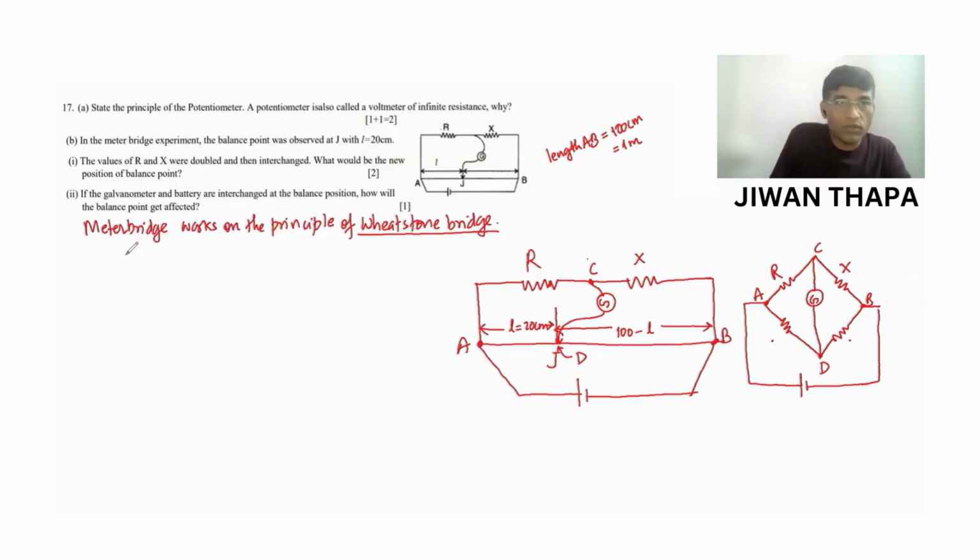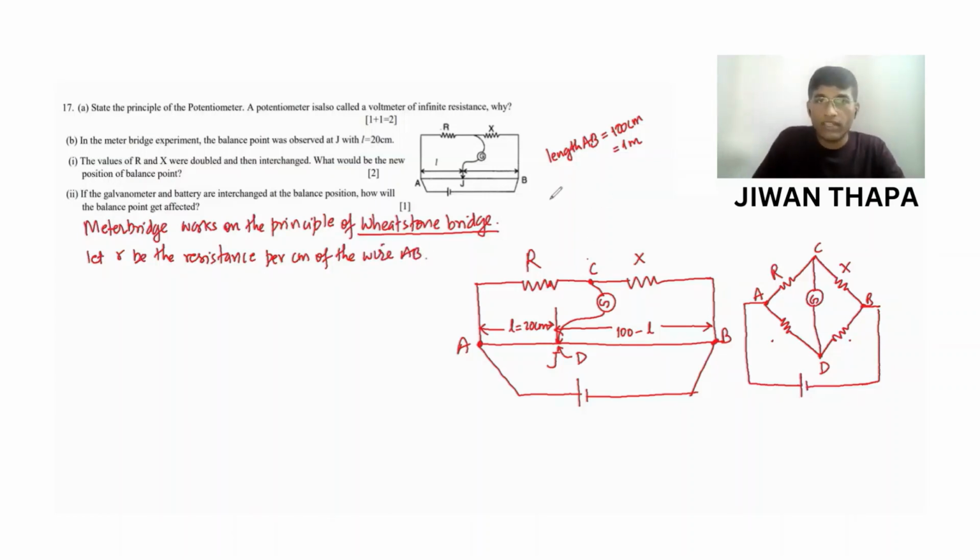For that, let small r be the resistance per centimeter of the wire AB. So small r has unit resistance per cm.